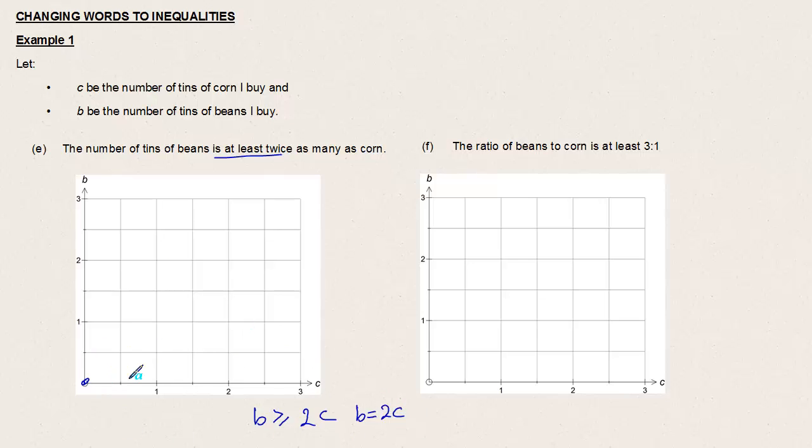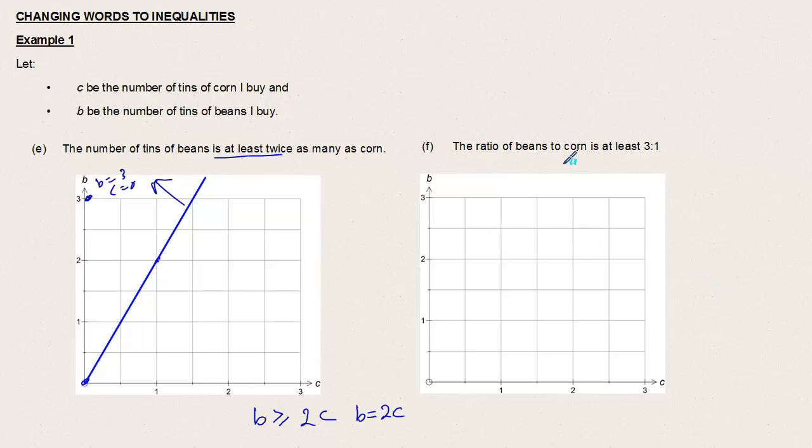If C is 1, B is 2. So here's our boundary line up this way. Now, where are the beans greater than twice the corn? Well, just try a point. So here, B is 3 and C is 0, and 3 is more than twice 0, so this is the correct region up here.